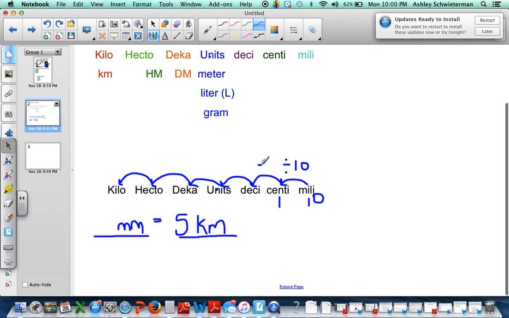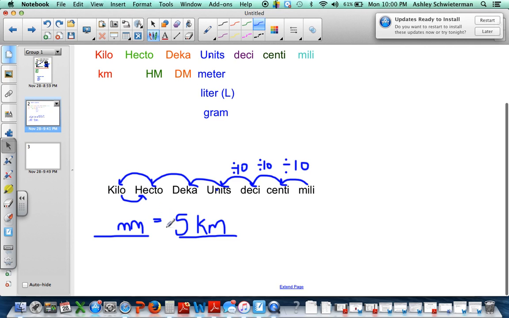Each time you are dividing by 10. Now, that's when you're going from a smaller to a larger. The amount gets smaller, but it still equals the same amount. You're finding an equivalent amount. It just takes more of a smaller unit to equal a larger unit.